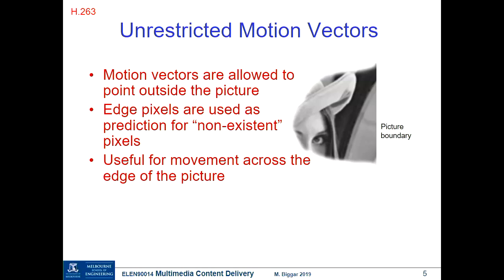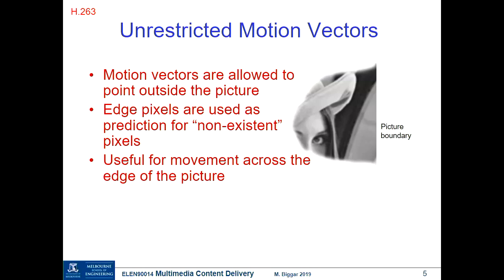One of the limitations of motion compensation that you might recognise is that one's tempted to say, of course, but they don't allow you to point outside the picture area. And you might say, well, of course not, because there are no pixels there to use for prediction.